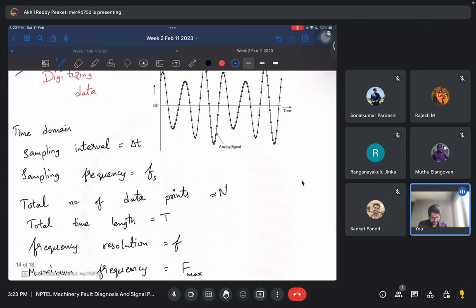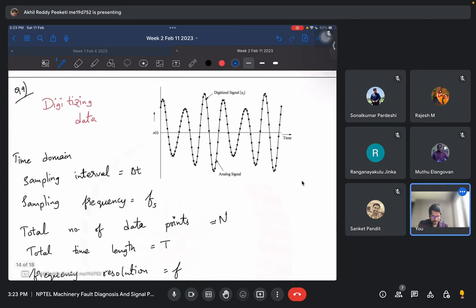So, digitizing the data. In reality you'll actually have continuous data, analog signals, but when you want to track that data and store it, you'll only be able to detect it at some given time steps.